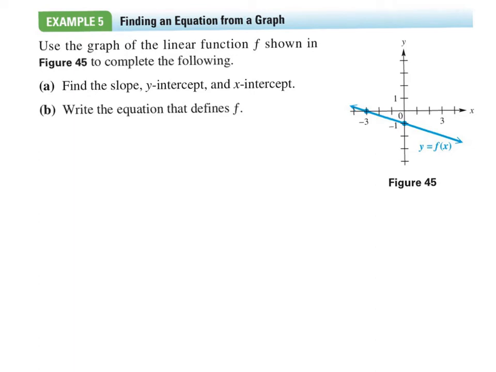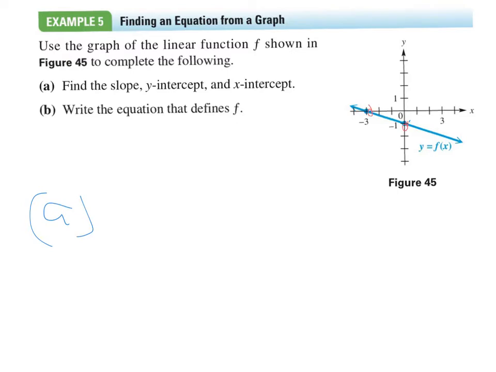Here's another example. It says, use the graph of the linear function shown in figure 45 to complete the following. Find the slope, the y-intercept, and the x-intercept. Also, write the equation that defines f. So for part A, the slope. Alright, you have 2 points right here.